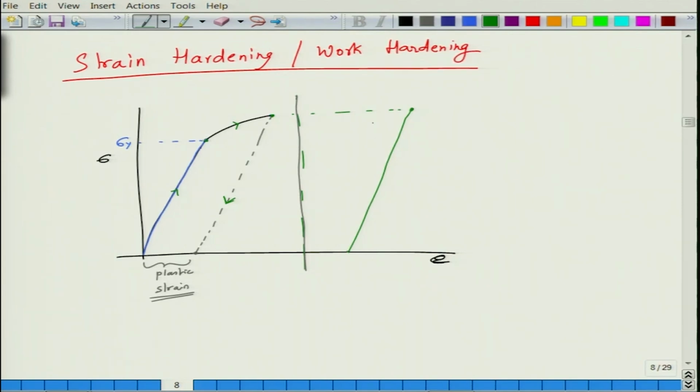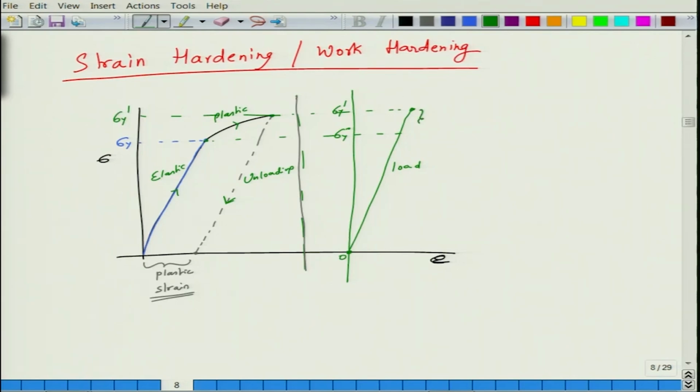This is elastic deformation, this is plastic deformation, this is unloading, and then when you again load, let us say this is the initial point, 0 again, you will not get back here. This was the initial strength, rather you go here, which is sigma y prime. So, you will go to this point.